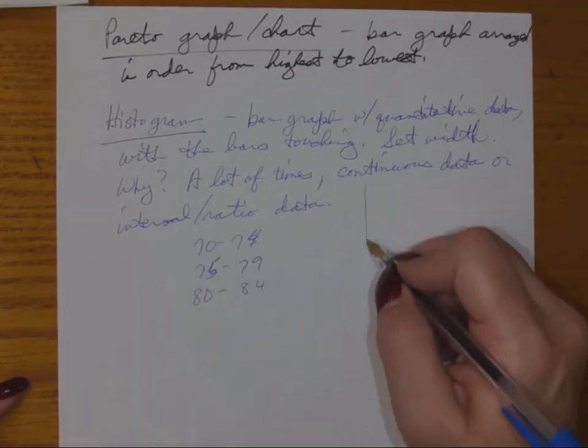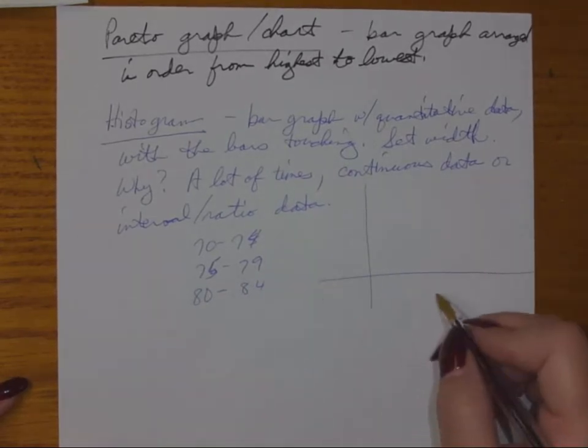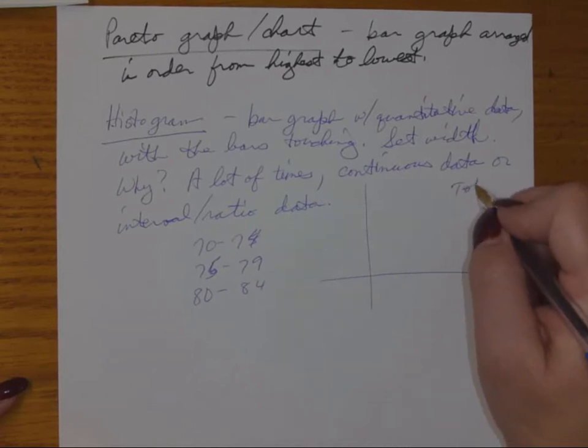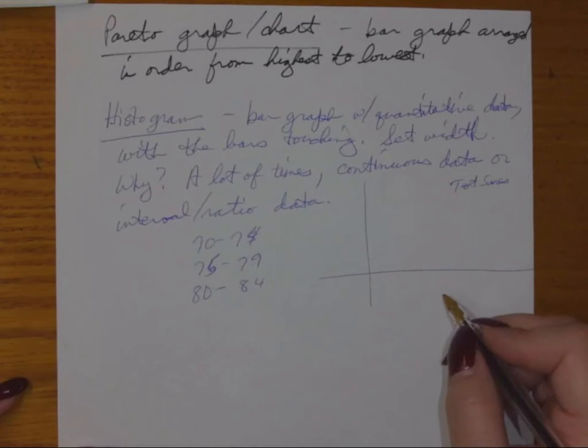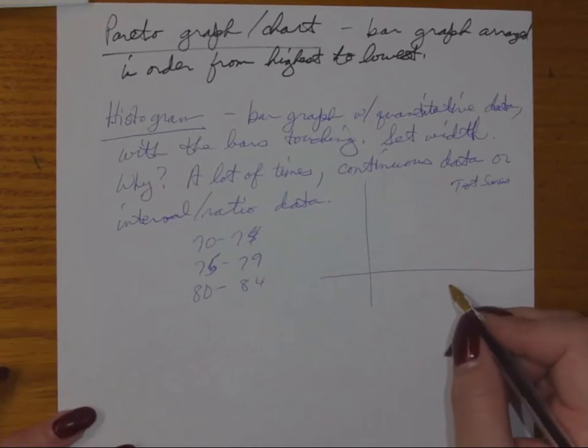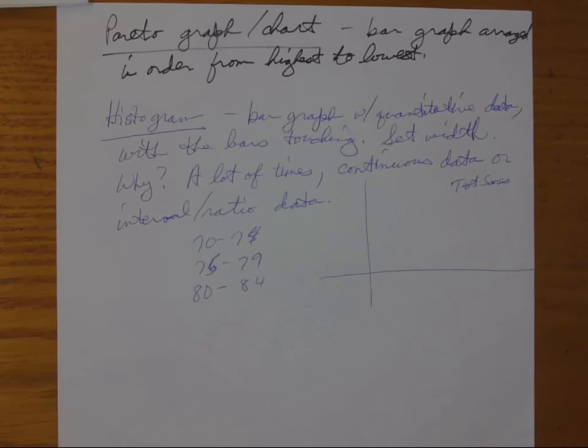So if I made my histogram looking at that kind of thing, and this would be test scores, I'm not going to really make a histogram here. I just want you to get the idea. I think I have an example of this. Hang on. Yep, I do. So let me just pull one up so you can see it. All right. Here we go.